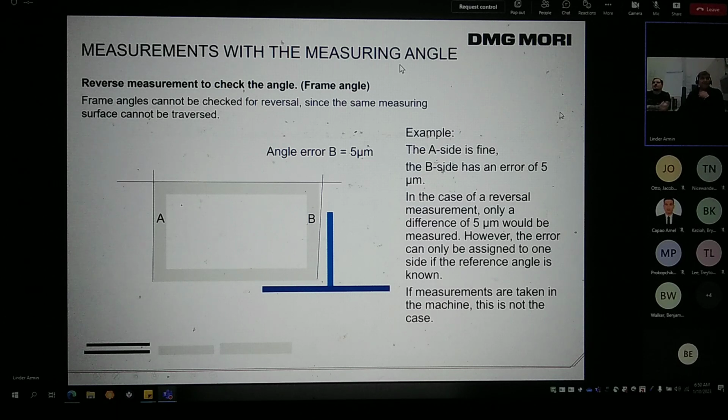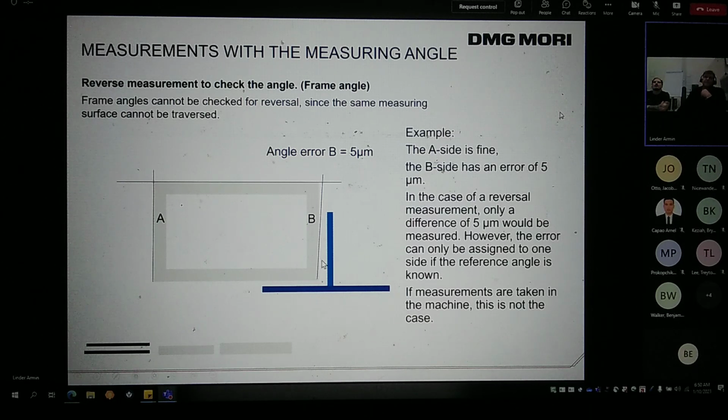So reverse measurement to check an angle. Frame angles cannot be checked for reversal since the same measuring surface cannot be traversed. Yeah.